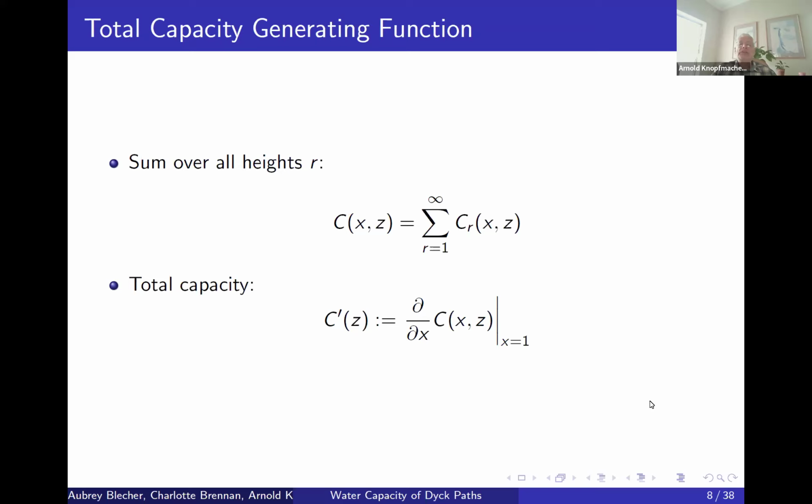Obviously, if anyone is interested in the paper, it's very easy to find the preprint online, or if that's a problem, to get it from me. And this is where we come to what I mentioned earlier. What we really need to do is take the complicated function C(x, z) and differentiate with respect to the x variable, which will give the area of the water, and finally put x equal to 1.